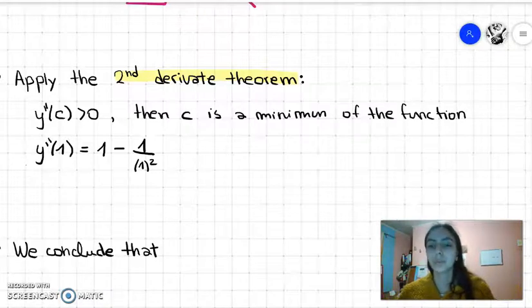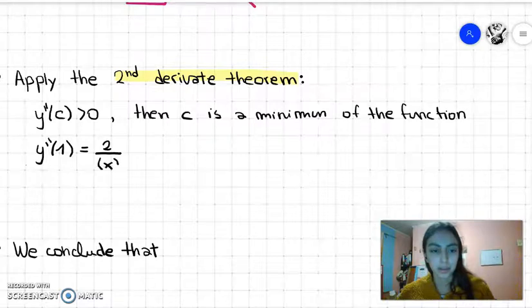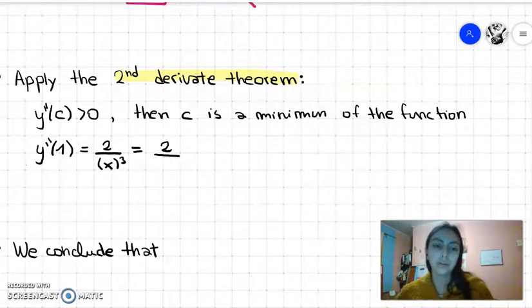So the second derivative of the function, evaluated at 1, is 2 divided by x to the power of 3. So in this case, we'll have 2 divided by 1 to the power of 3, which equals 2.